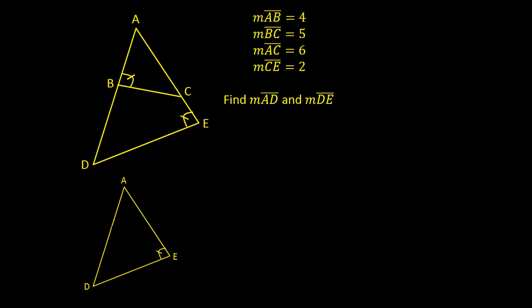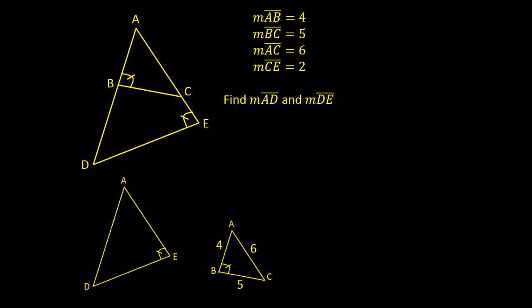The large triangle is triangle ADE, and the smaller triangle is triangle ABC. We've been given the length of AB as 4, the length of BC as 5, and the length of AC as 6. So in the small triangle, we know the lengths of all three sides.